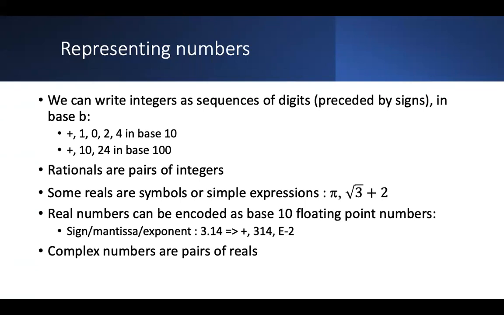Pi is a symbol, square root of 3 is a symbol, or 2 symbols. But in practice, when we want to do approximate calculation, we just encode them as in computers. So real numbers are considered as base 10 floating point numbers. They are a sign, a mantissa, and an exponent that you can represent as single tokens or as sequences of digits.